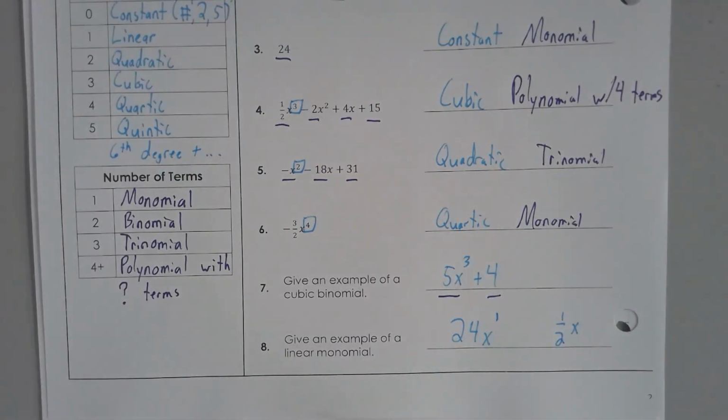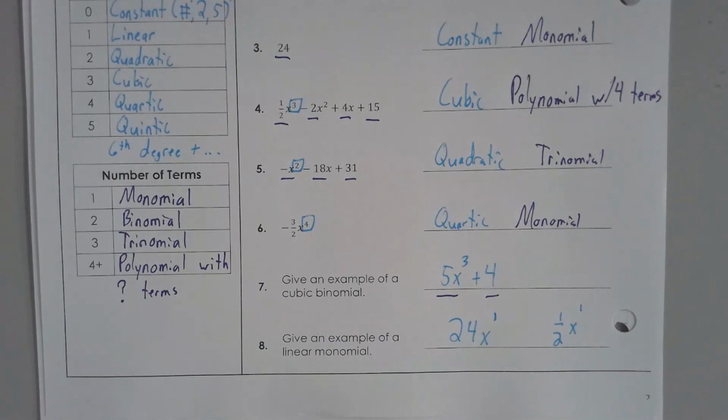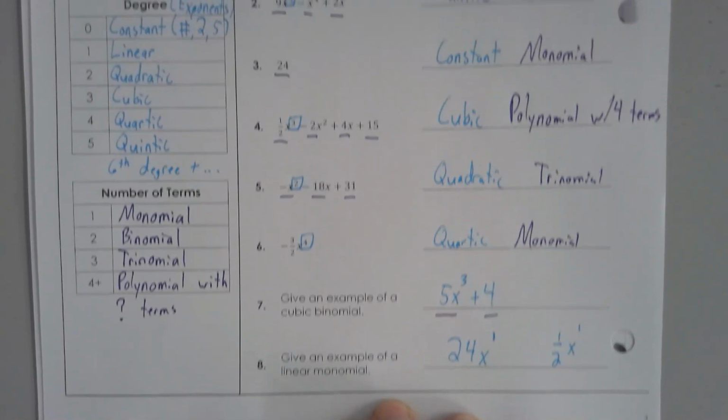But you couldn't make it quartic, because the highest exponent has to be 1, right? Yep, as long as the x is raised to the 1 power, and you don't have to write the 1, it's kind of assumed if it's not there. But if you do write the 1, it's just as right.